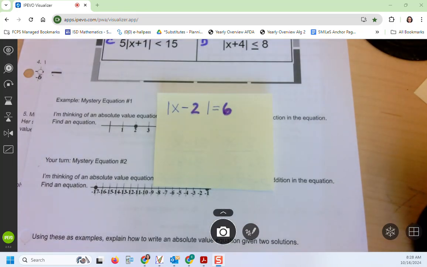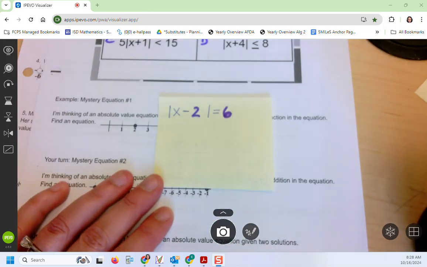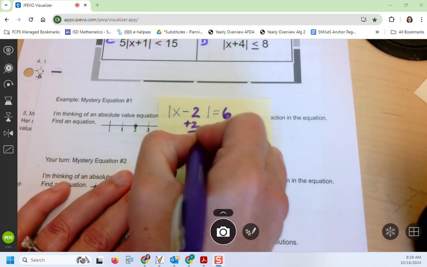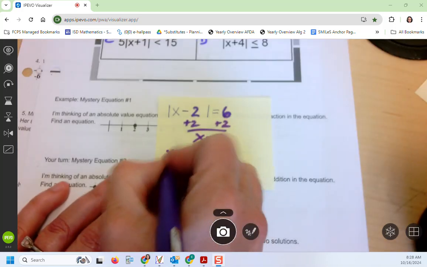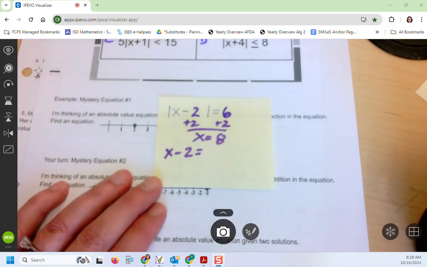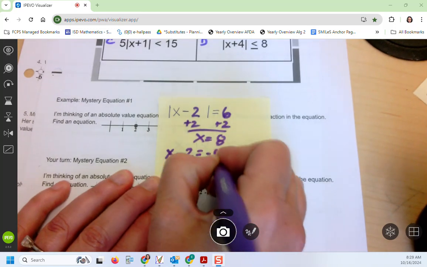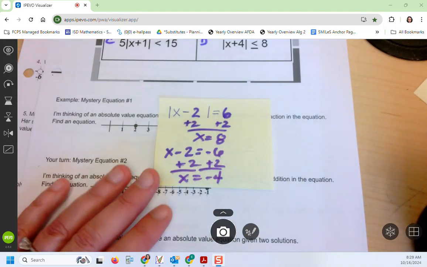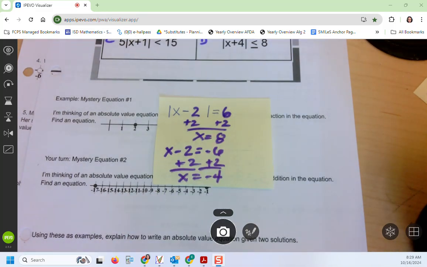So a student who wrote this down, and it was more than one student, realized that this number plus this number has to be 8, right? Plus 2, x equals 8. And then you would check the other answer, x minus 2 equals negative 6. And it gives negative 4. And so then you realize, okay, it's not that, but I'm on the right track because I had to find two numbers that add up to 8.